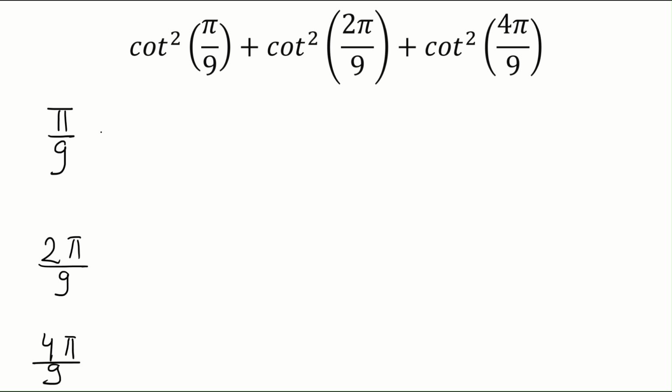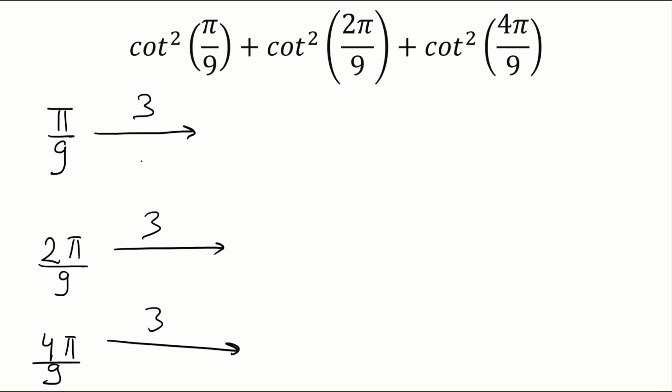What we can do is multiply these three angles by a common factor of 3. The first angle becomes pi over 3, the second becomes 2 pi over 3, and the last one becomes 4 pi over 3. And these are obviously standard angles. This is 60 degrees, this is 120 degrees, and the third angle is, I think, 240 degrees, right?